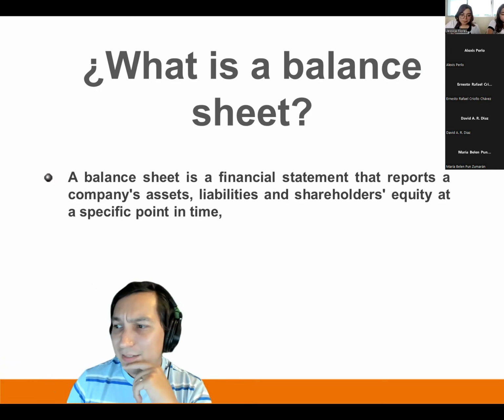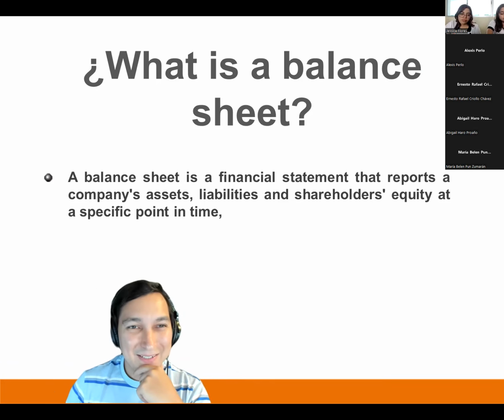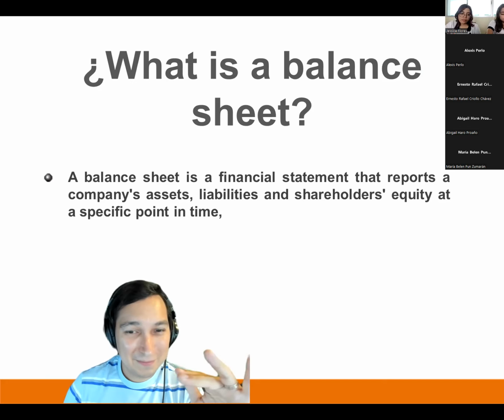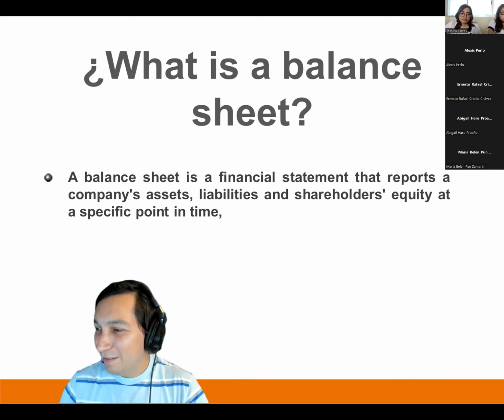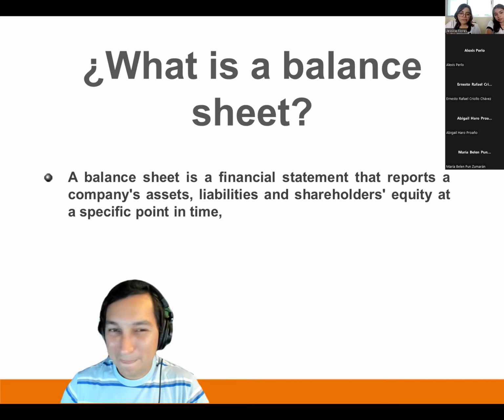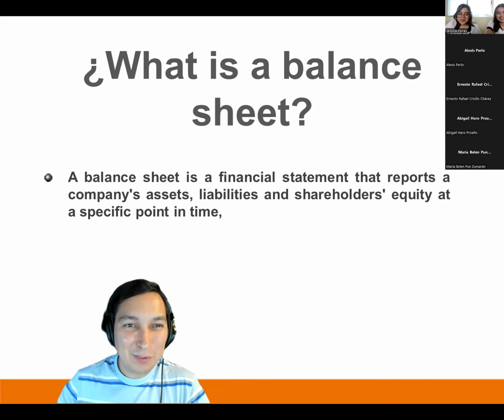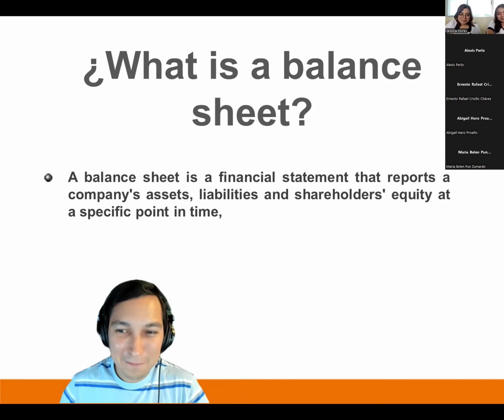What are liabilities, guys? Debts. Debts, exactly. That's it. Debts. With whom? Who do you owe that debt? The shareholder. No. You have a special place for the shareholders.